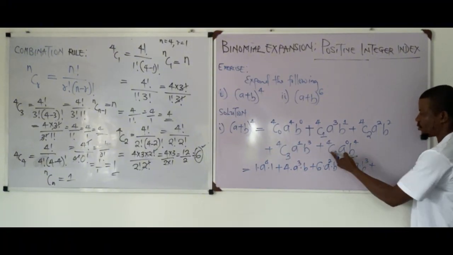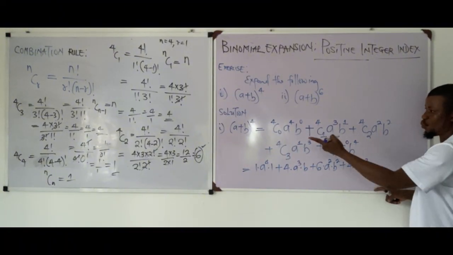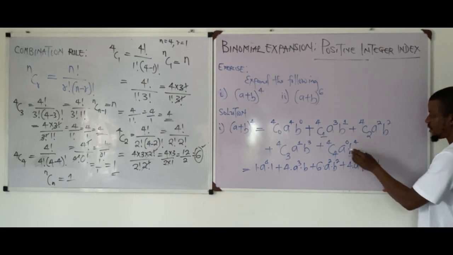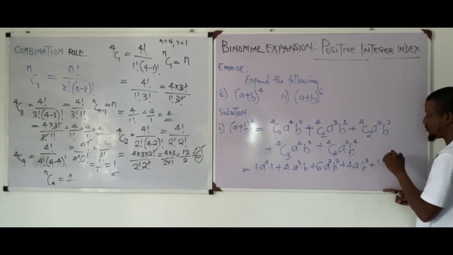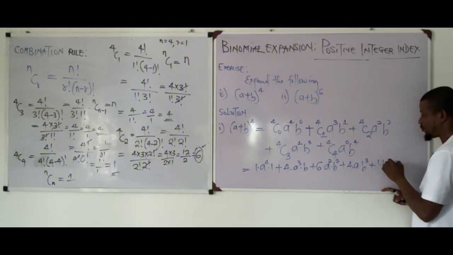Then plus, I'm on this point now, 4 combination 4 is 1, right? So I have 1, a to the power 0 is 1, and then b to the power 4.